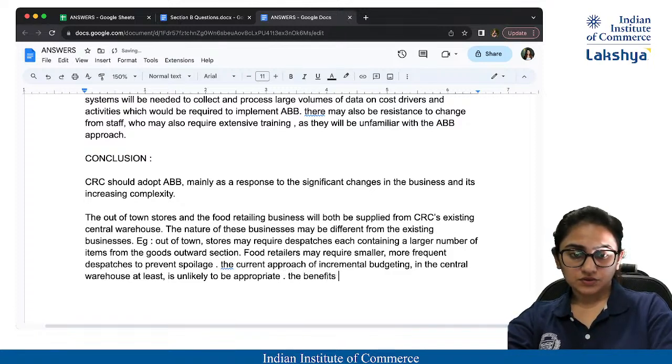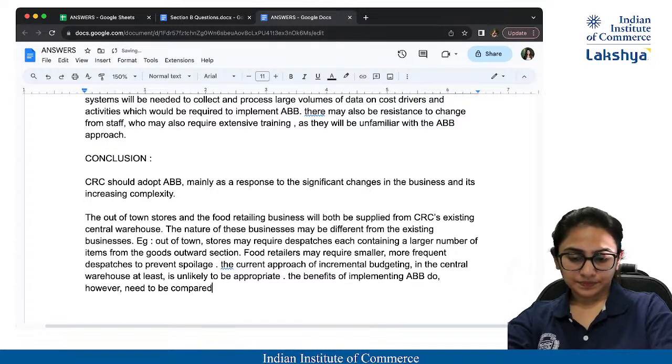The benefits of implementing ABB do, however, need to be compared to the financial cost and disruption of doing so.